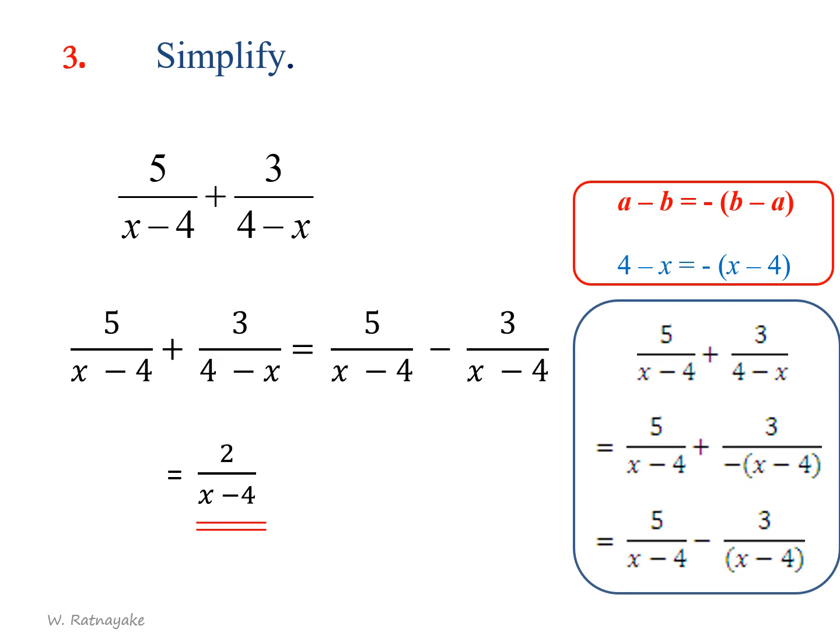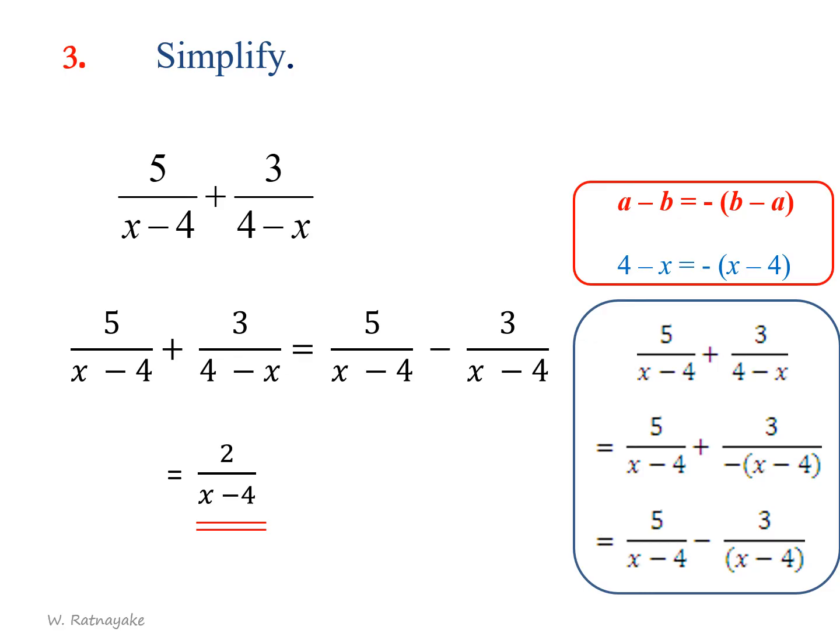So this is how the change has been made. We have to keep this knowledge in mind, and the short way of doing it is to change the sign between the fractions. If it were positive, it must become negative. If it is negative, it must become positive.